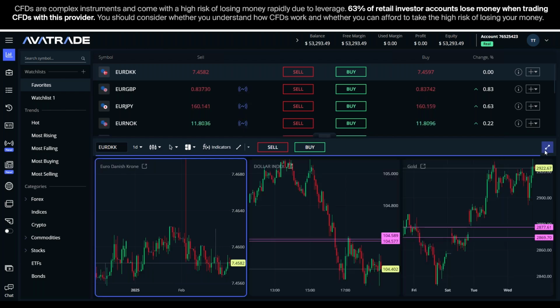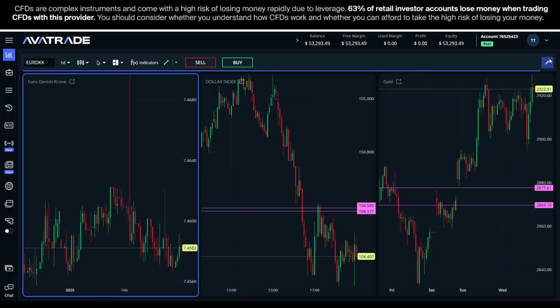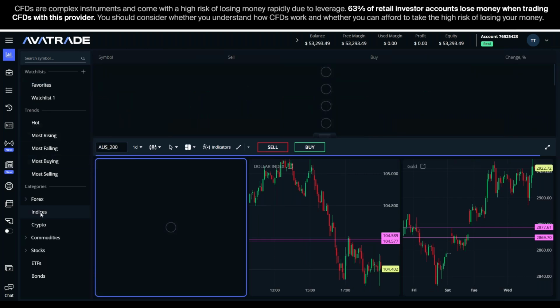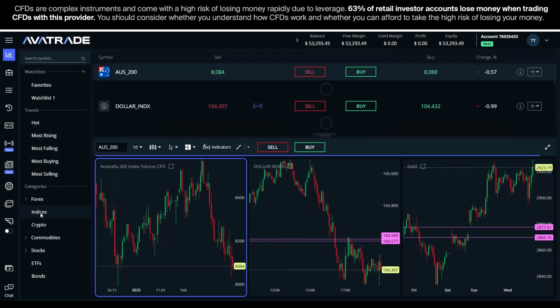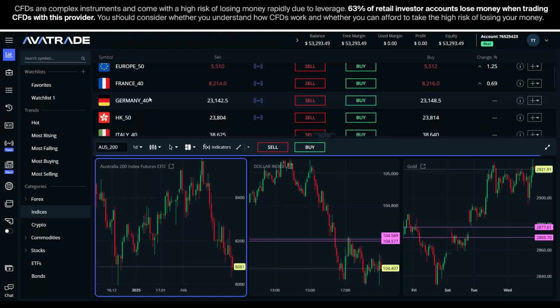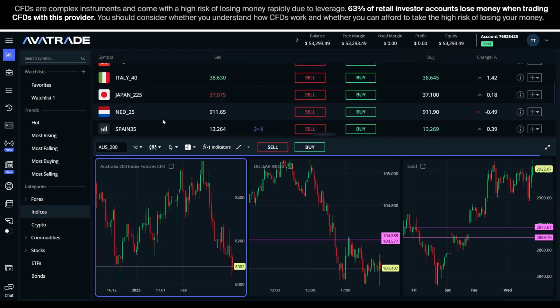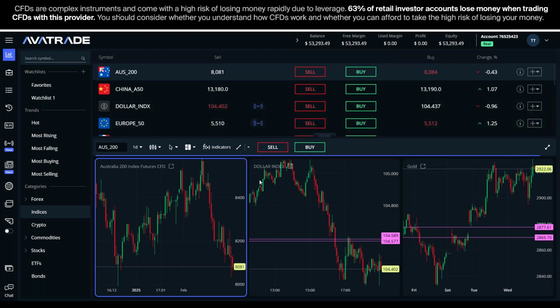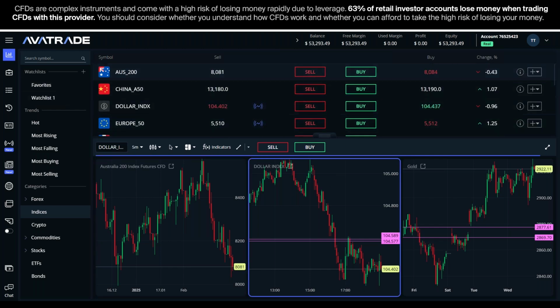If we go to a multi-screen view, maybe I want to bring up the major indices, because they seem to be affected quite a bit by these tariff jitters, with more of a global effect, and maybe more regionally with the US indices. So on this one, let's look for the US Tech 100.